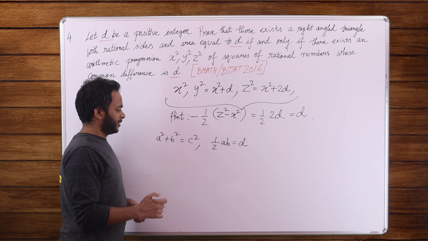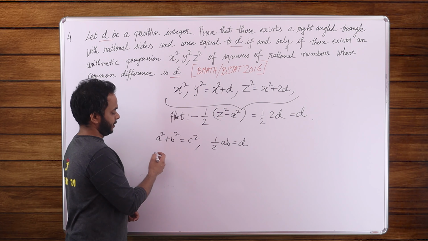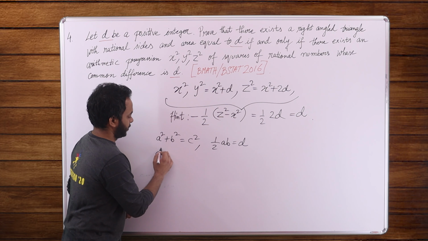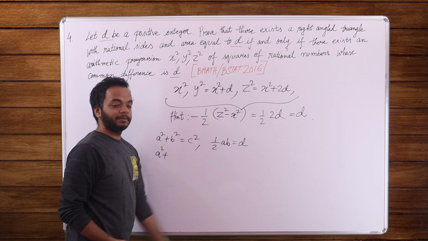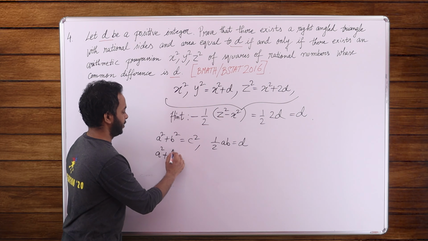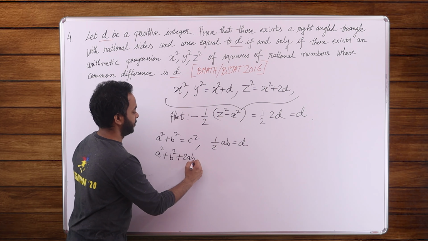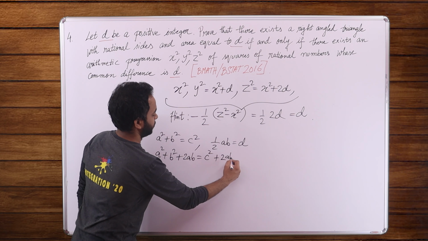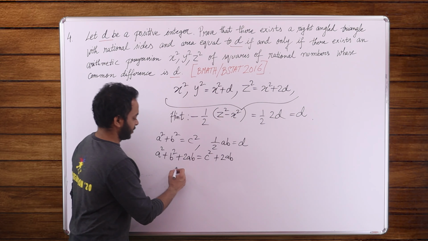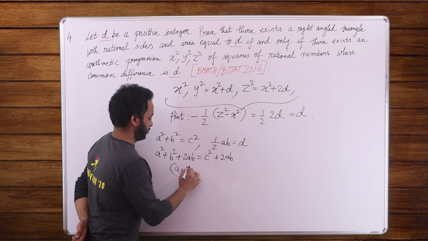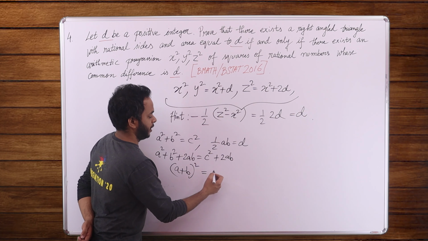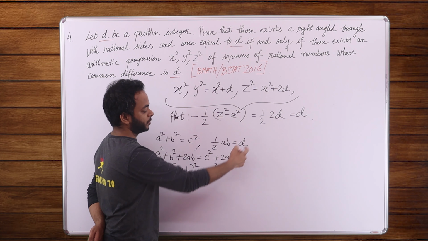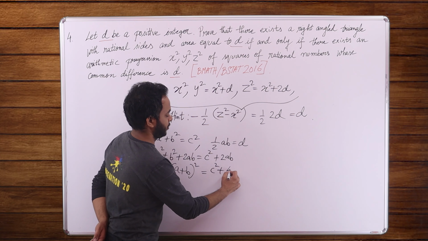Your hint would be to think like a square. You have ab here, so you can add 2ab. So this is c square plus 2ab, and this is coming out to be a plus b whole square, and this is c square, and ab is 2 times d, so this is plus 4d.